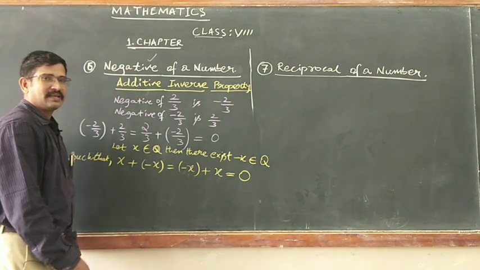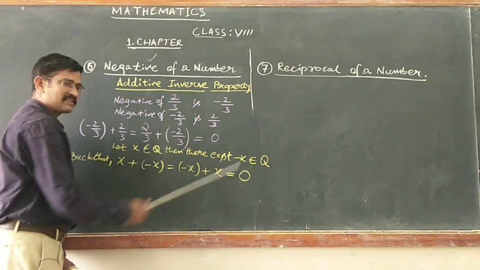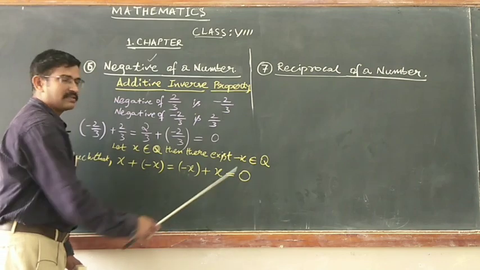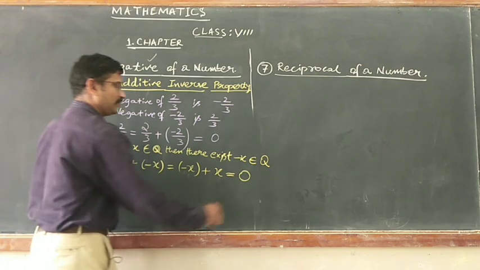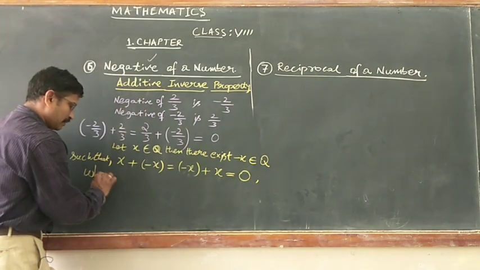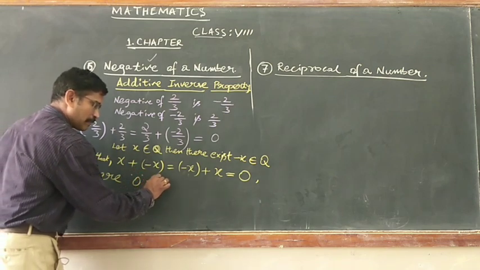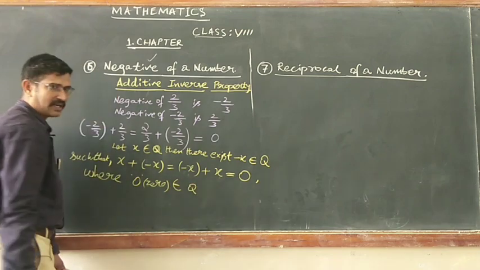That is, when x is added to minus x or minus x is added to x, it gives 0, where the condition is again that 0 is also a part of the rational numbers.